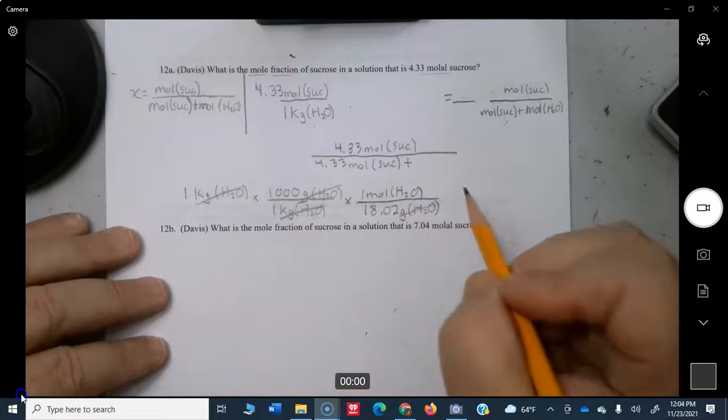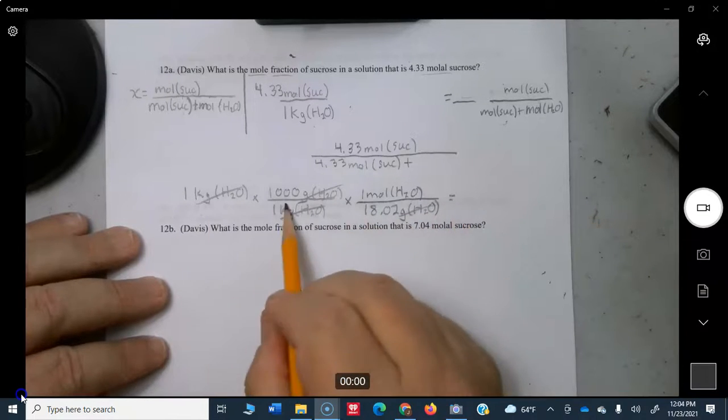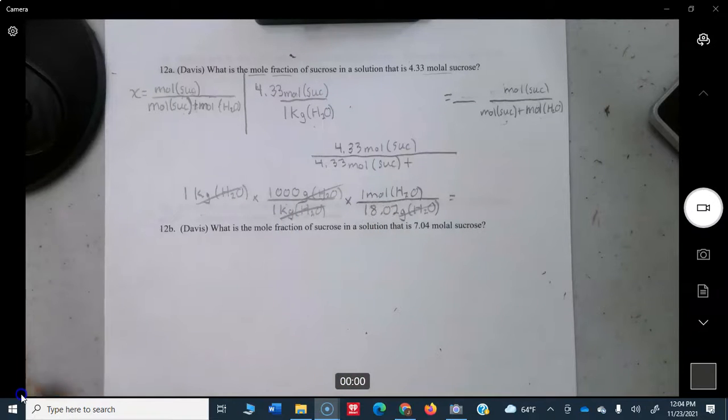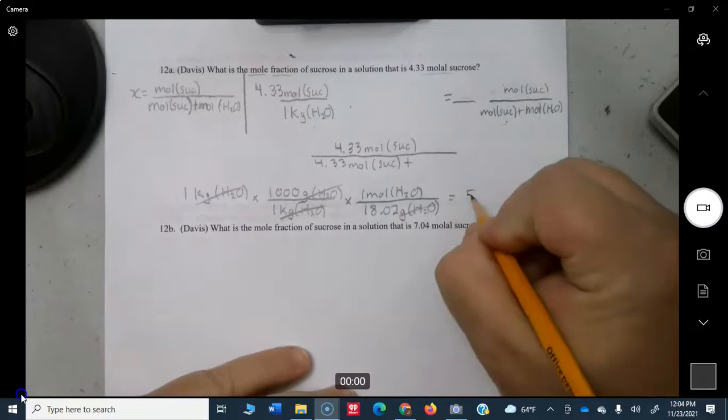Grams of H2O cancels and cancels. So it's 1 times 1,000 times 1 divided by 1 divided by 18.02. That really just comes down to 1,000 divided by 18.02, and that gives us 55.5 moles of water.